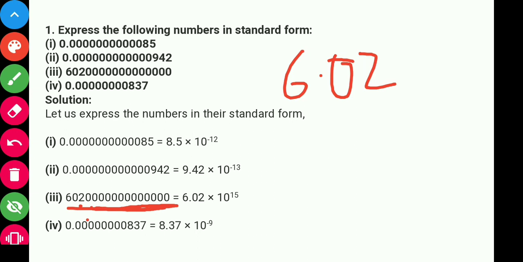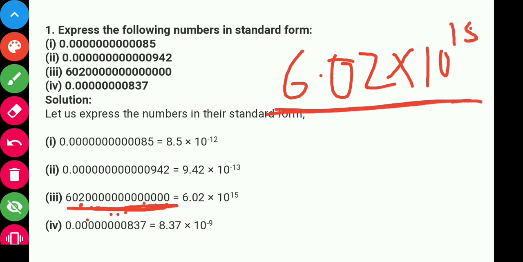Counting 1, 2, 3, 4, 5, 6, 7, 8, 9, 10, 11, 12, 13 zeros and then 2 0, that means 15 places. The decimal is moved 15 places, so you take 10 to the power 15. In the case of a larger number, the power of 10 will be positive.